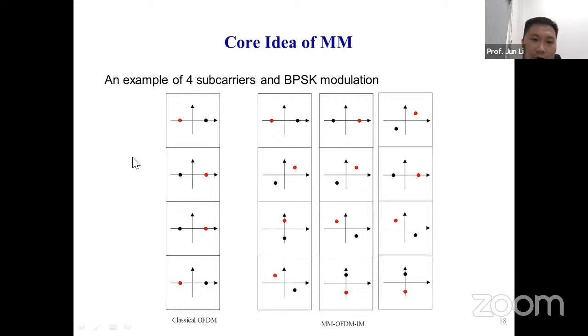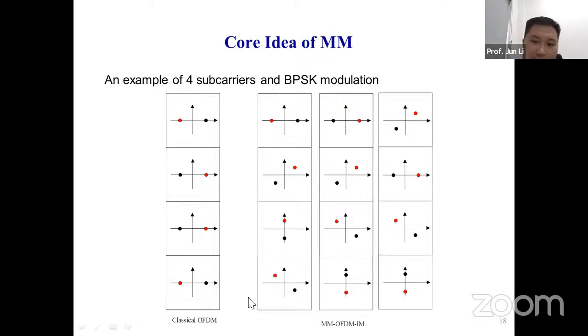Similarly, for the second subcarrier, in the conventional OFDM this subcarrier can only transmit the signal from the conventional constellation, but for the OFDM-IM, it can transmit a signal from either the conventional BPSK or the rotated BPSK.